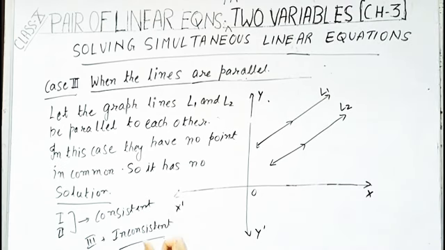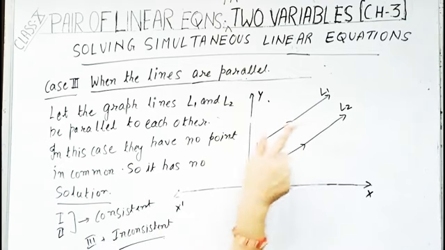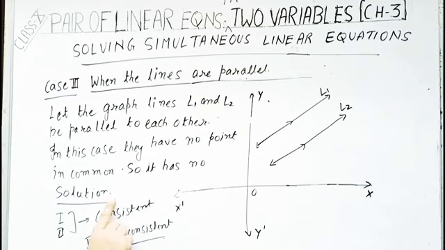Coming to case 3, when the lines are parallel. Let the graph lines L1 and L2 be parallel to each other. In this case, they have no point in common, so it has no solution. So, by discussing all three cases, we see that cases 1 and 2 deal with the consistent system of linear equations and case 3 deals with the inconsistent system of linear equations.